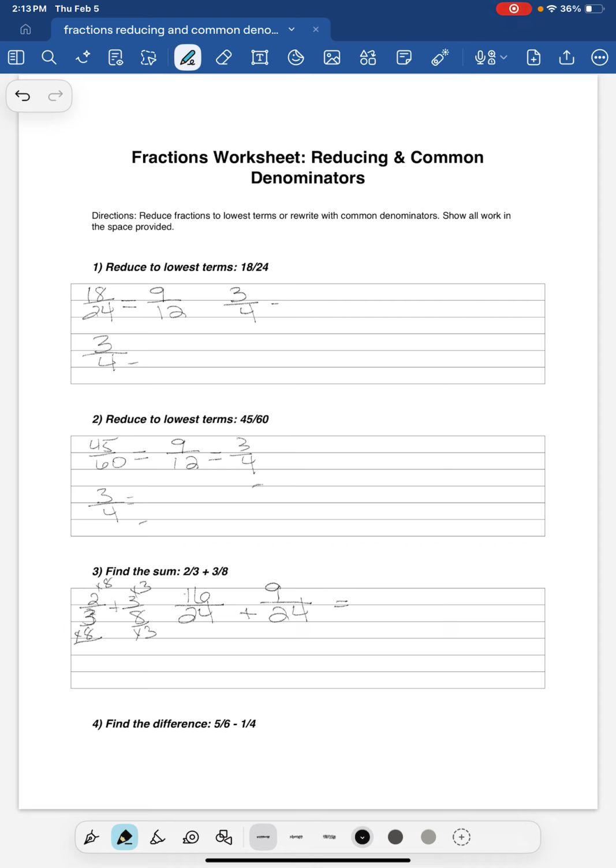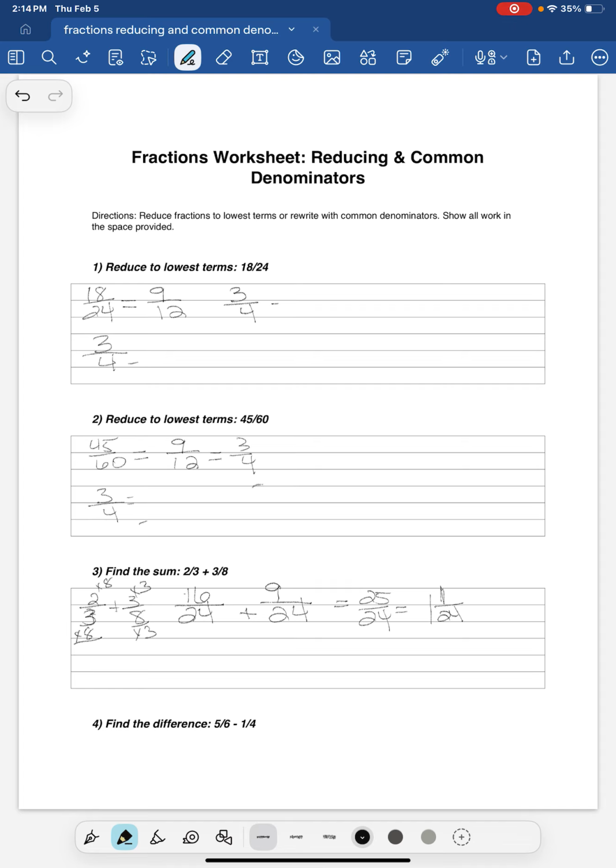And you are going to get 25/24, which you should notice is what we call an improper fraction, because your numerator cannot be larger than your denominator, because that means you have more parts than you have a whole. So what you do to reduce that is you divide your numerator by your denominator, and in this case it will go in one time, and you have one remainder, which becomes your numerator, and your denominator stays the same. So the actual reduced version of this problem is 1 and 1/24.